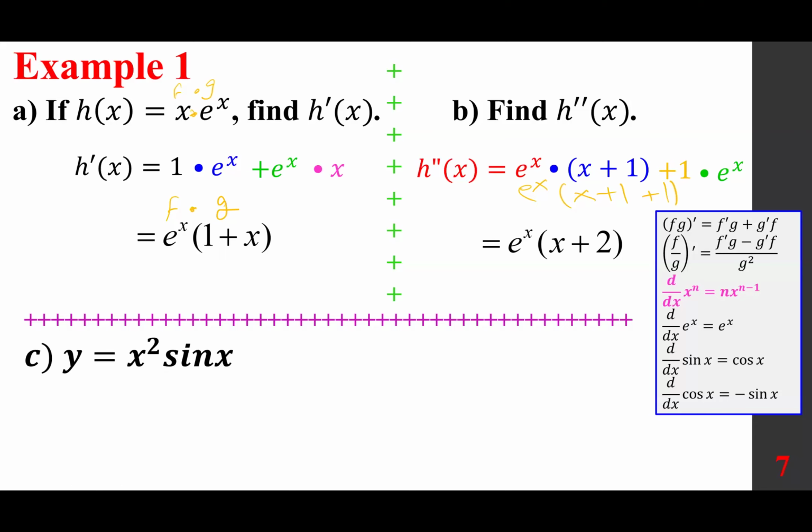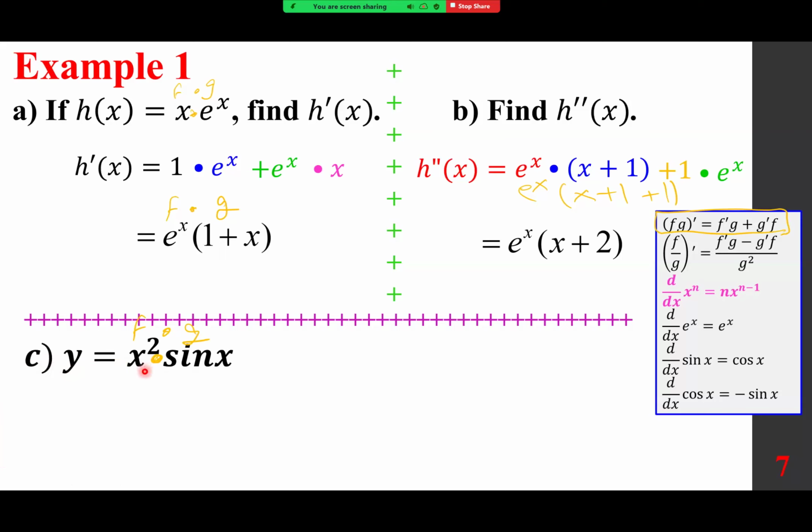Y equals x squared times sine x. I'm going to put a raised dot. I'm going to call this f. I'm going to call this g. And again, I'm going to use this formula. I'm going to write the formula for me and use it.